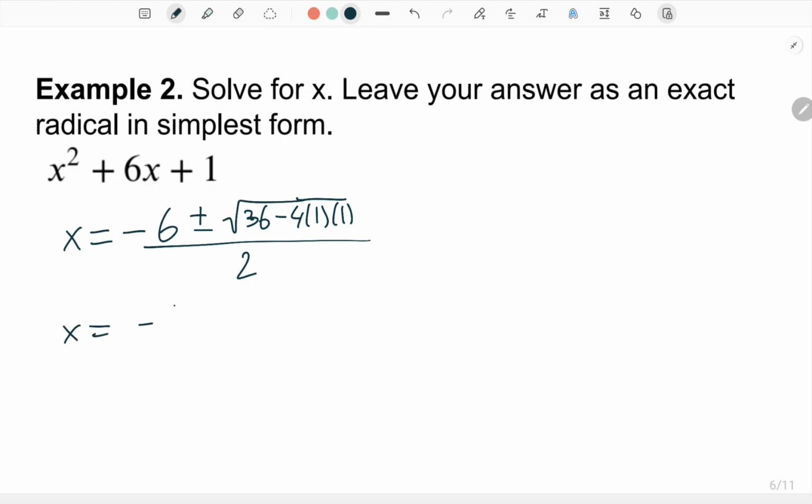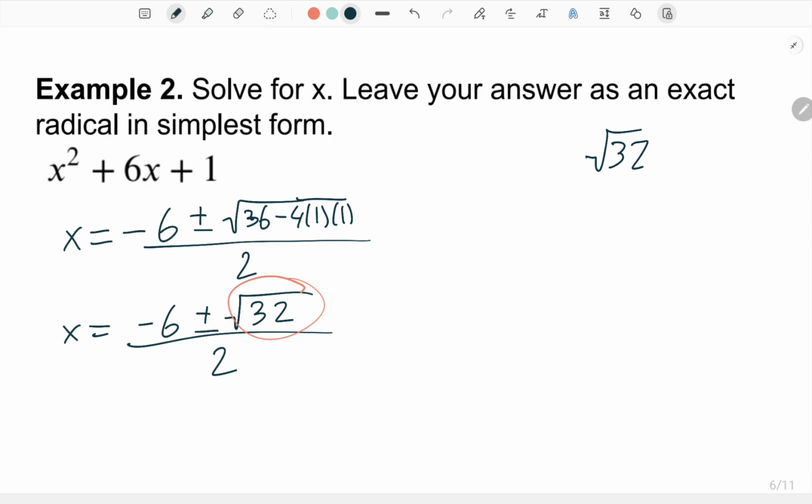Let's simplify this a little more. So negative 6 plus or minus 36 minus 4 is, I think that's 32, all over 2. And so here's where we have the root 32. So I'm just going to do this off to the side. You could do it within everything there, but let's simplify this.